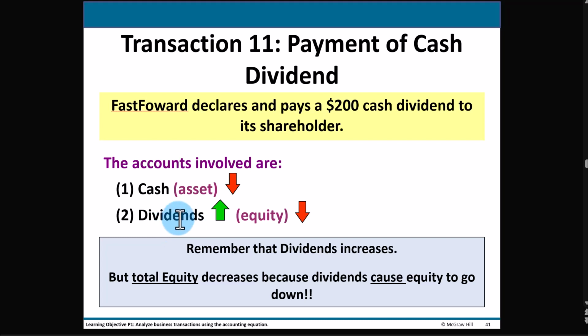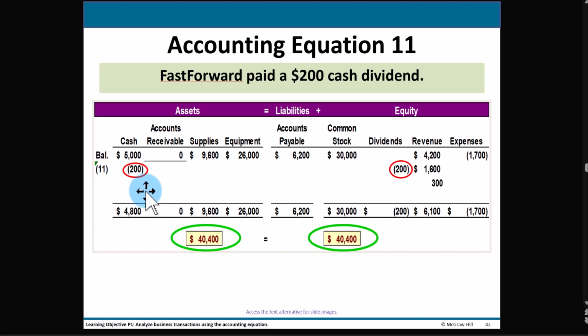Okay? So here's the two changes. Cash goes down, so we end up with $4,800 for the month. No other asset change, no other liability change, no revenue, no expense for this transaction. But here, we're keeping track again of how much is being paid back to the owner who owns this stock.